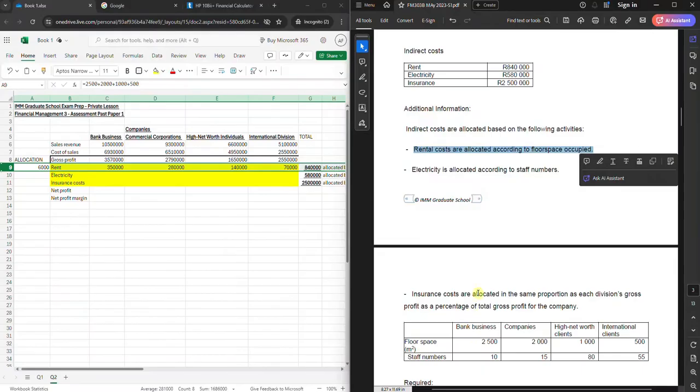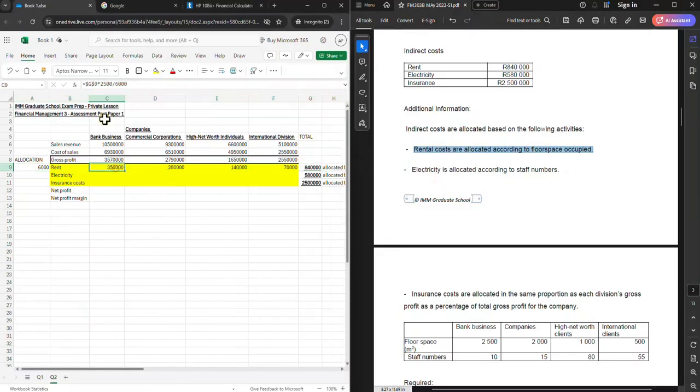So the way I looked at it was 840,000 rand divided by 6,000, which is the total floor, and then that amount times 2,500. Is that what you did? Yeah. I just used a fraction. It's a fraction of the floor space. Fine. Okay, perfect. No, just making sure that it was the same way.